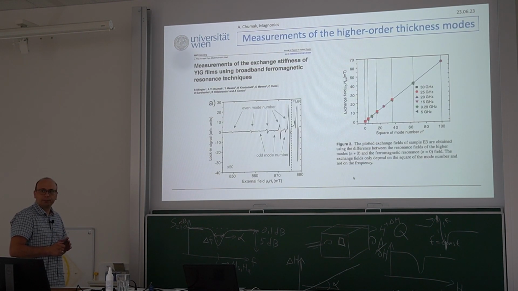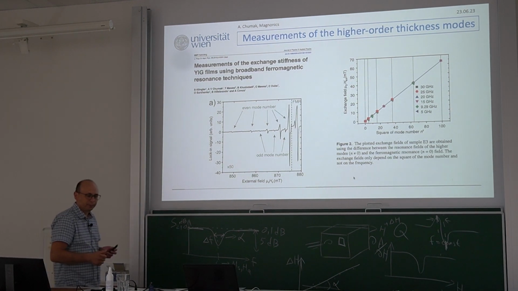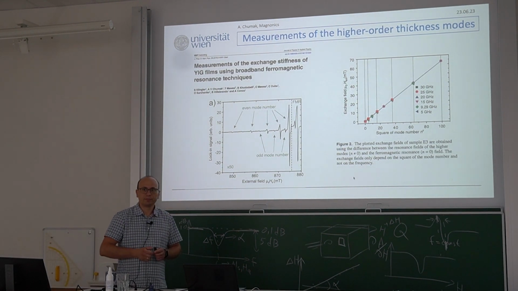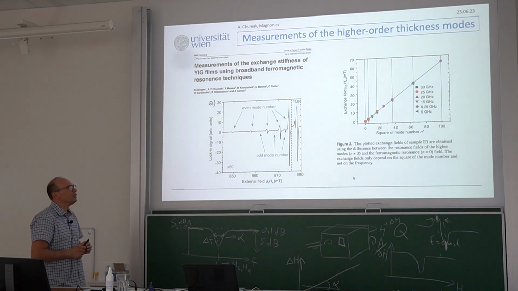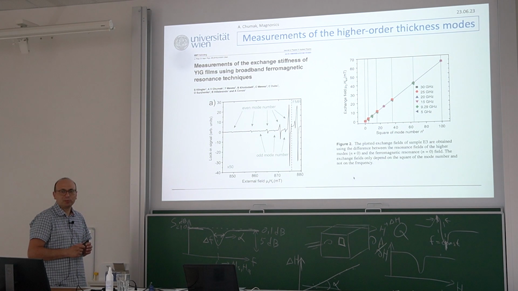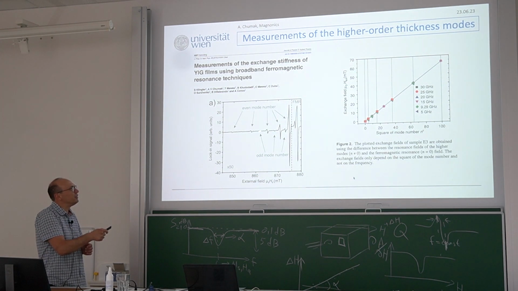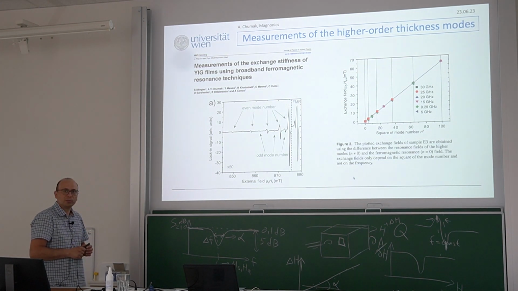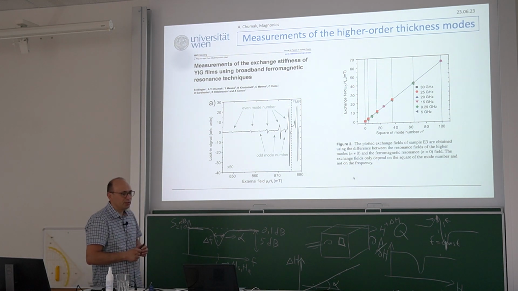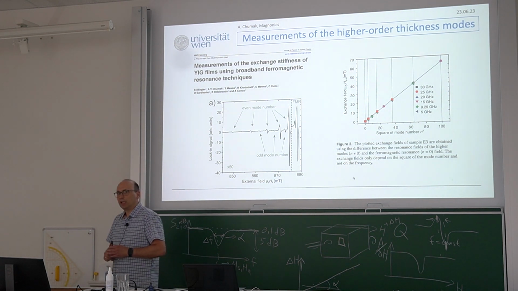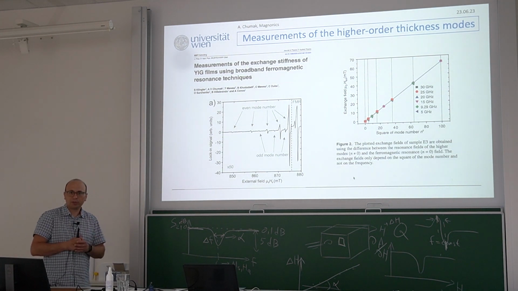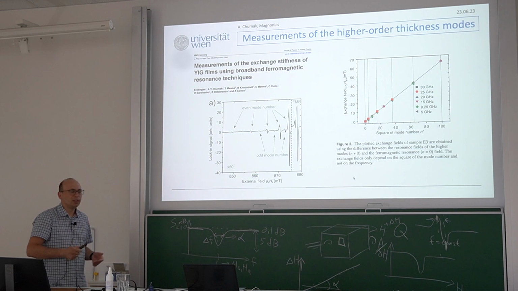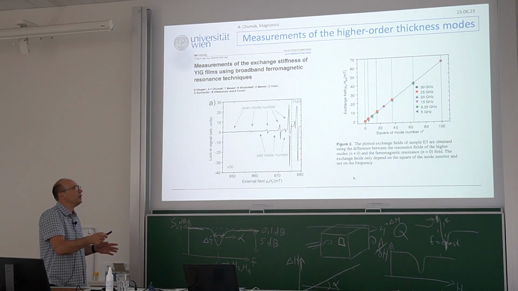Other questions? Yes, please. Can you define which one is the FMR mode and which ones are other modes in this case? You simply try, that's the easiest way. Because you see that the distance between these modes is non-equidistant, so the distance between second and third is different from third and fourth. Therefore, you just estimate: you know the thickness of your sample, you know approximately the exchange constant, and you just say, okay, assume that this is my FMR uniform mode and delta.